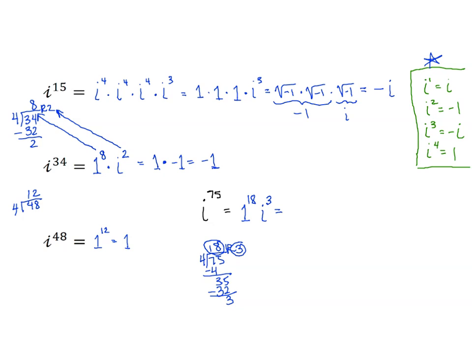From my chart over here, I know that i to the 3rd is negative i. So that's it. That means that i to the 15th and i to the 75th both come out to be negative i. They both come out to be the same thing.